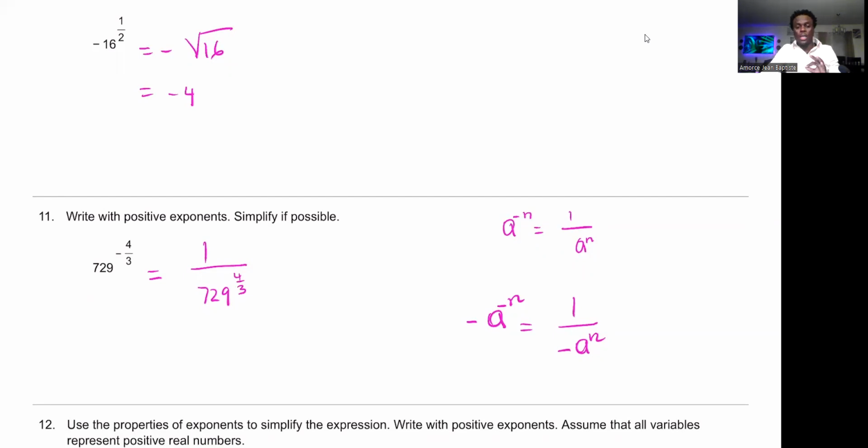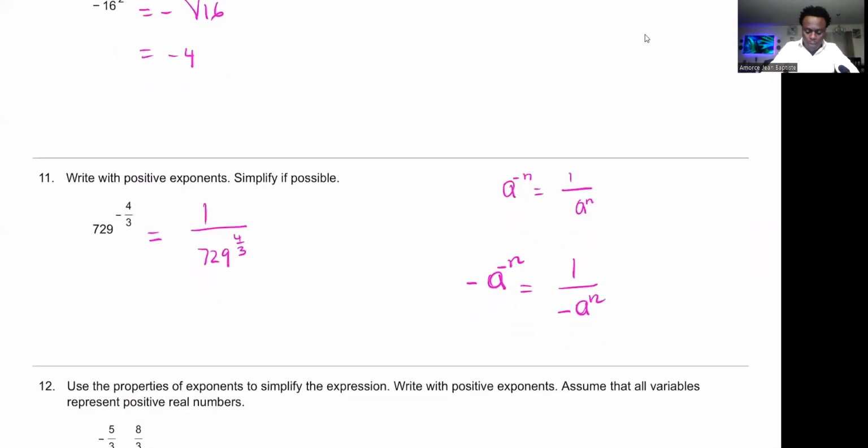All my work is in the denominator because it's just 1 in the numerator. So let me do the work in the denominator. I want to see this fractional exponent in radical form. So that's going to be 1 over the radical of, what's the index?